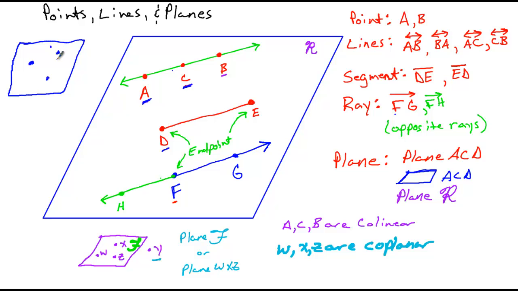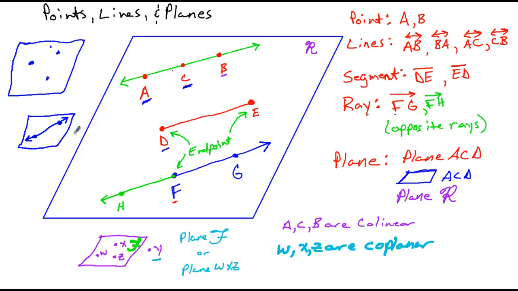All right, the next postulate that you need to know is that if 2 points are contained within a plane, so point A and point C. In fact, I'm just going to go over here and draw you another little plane here to illustrate this point even better. If 2 points are contained within a plane, then the line that contains those points lies in the plane.